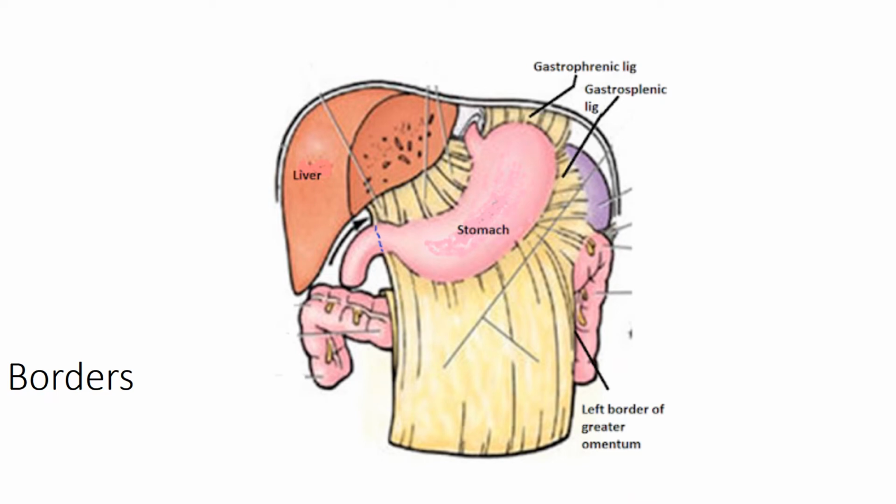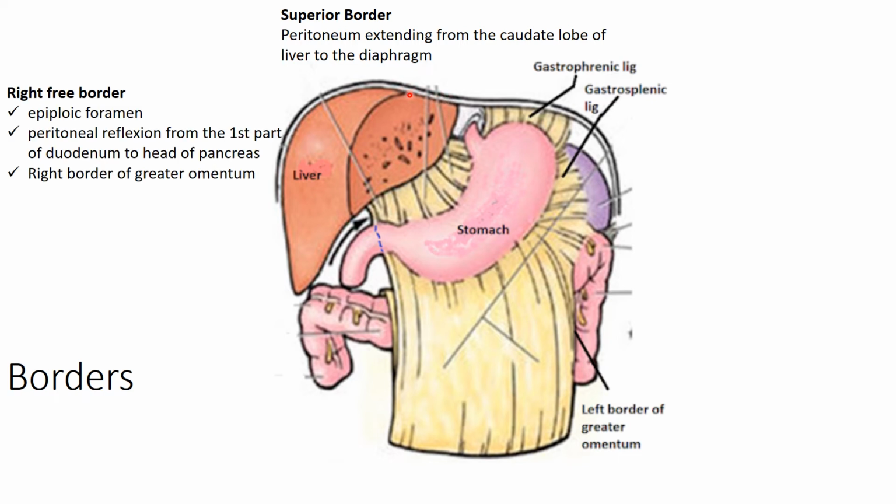Now the borders of the lesser sac. The superior border is formed by the peritoneal reflection extending from the caudate lobe of the liver to the right hemidiaphragm. Now the right free border, hanging free, is on the superior portion formed by the epiploic foramen, which is the conduit to the lesser sac.